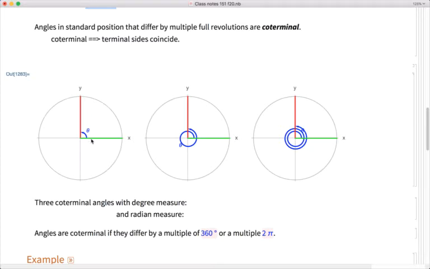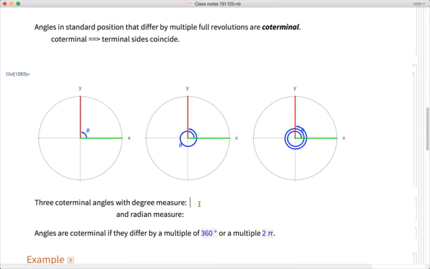Okay, so these three angles are all coterminal. It would be hard to know without the little spiral label here that this angle was actually a rotation that went once all the way around and then an additional 90 degrees. This angle went twice all the way around and then an initial 90 degrees.